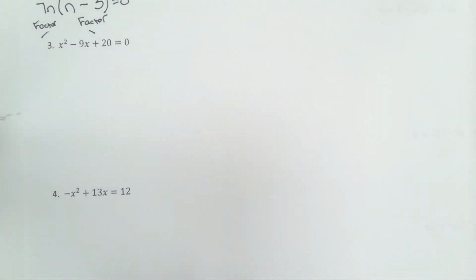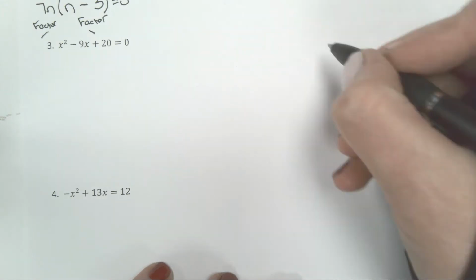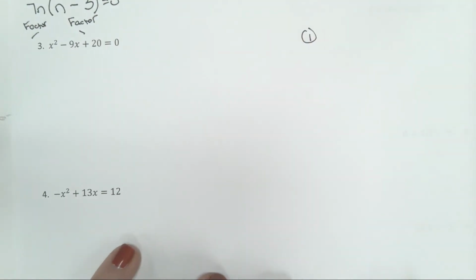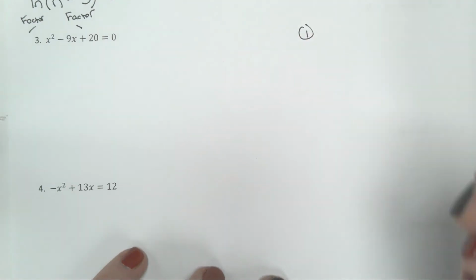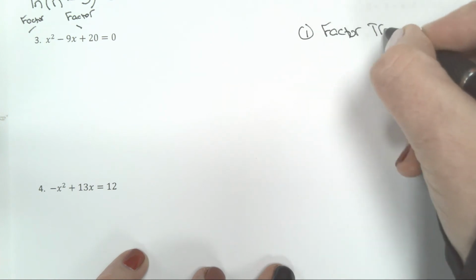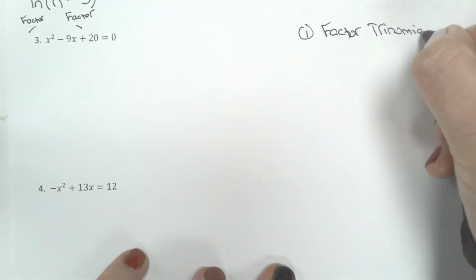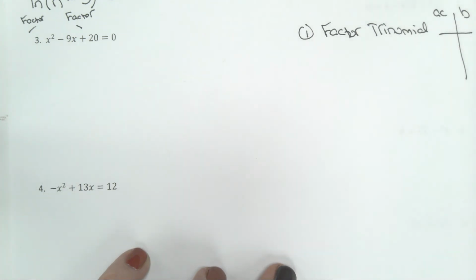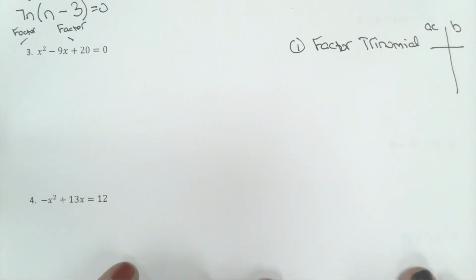Next one. All right, so this time I have 3 terms, and so I'm going to perhaps review my factoring of trinomial notes from yesterday. So I'm going to make an ACB chart here.